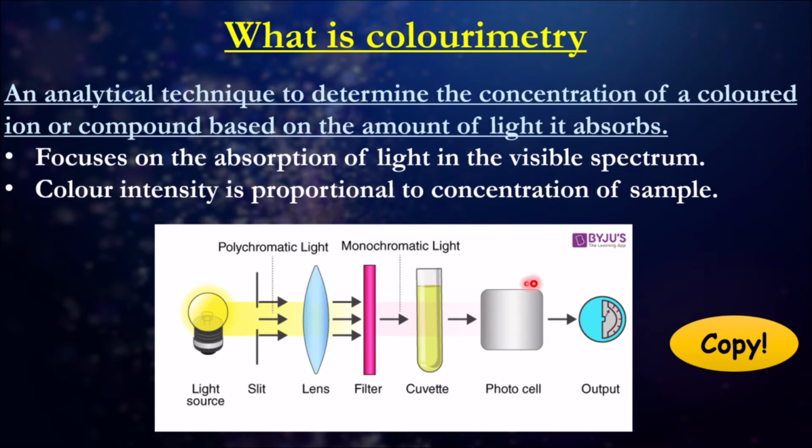You can see this is a basic demonstration of the colorimetry apparatus. We have our light source, we have the slit lens, this is our filter area, this is our cuvette, which is where we store the sample, and then we have our detectors here.